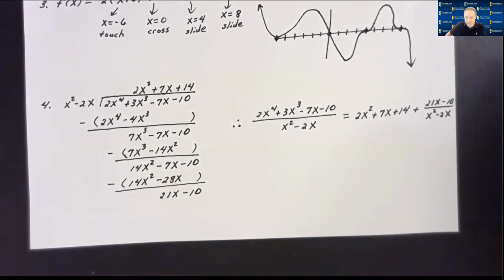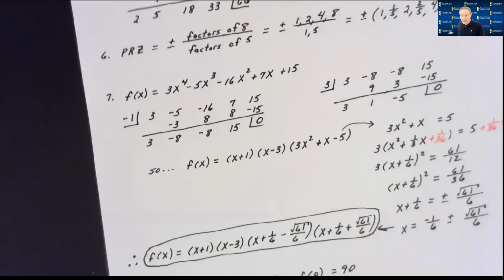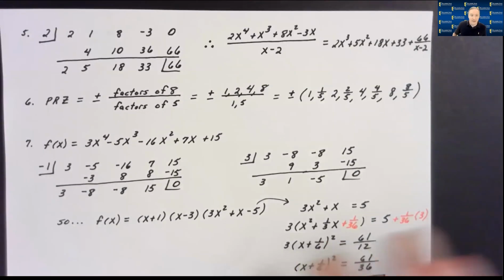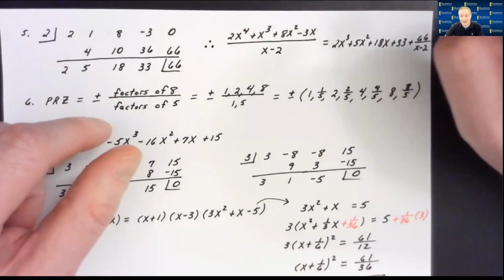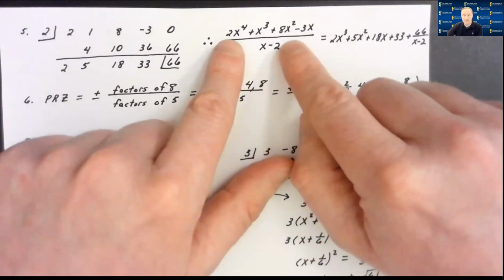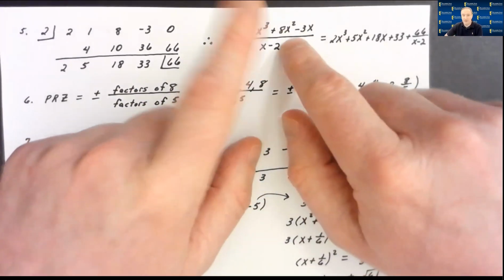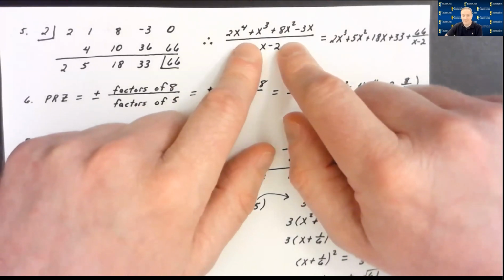Nice problem there. Now, the next problem asks us to do a problem with synthetic division. And instead of going back to the Word document, I'll just go ahead and point to it right here. This is the problem we were asked to synthetically divide.